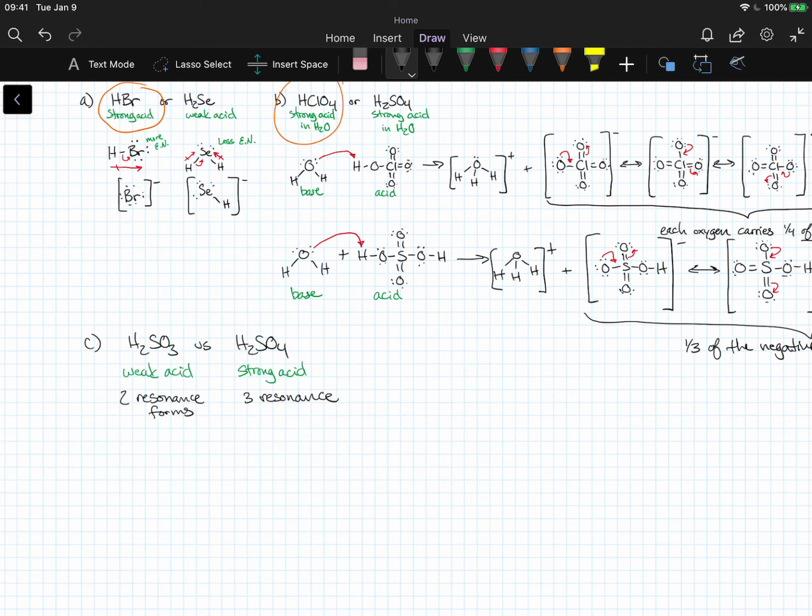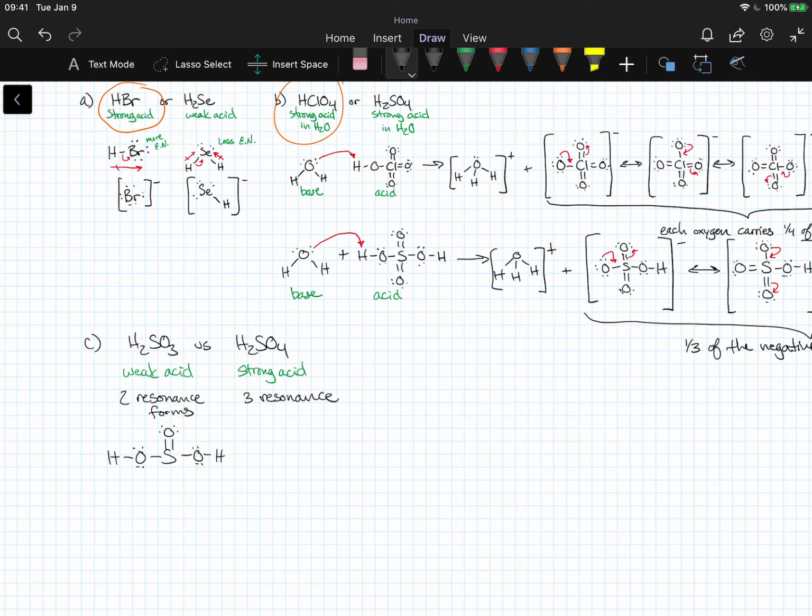So the 2 resonance forms, remember sulfurous acid would look something like this. And I should have drawn it trigonal, but you get the idea.